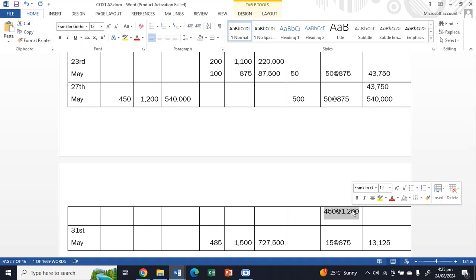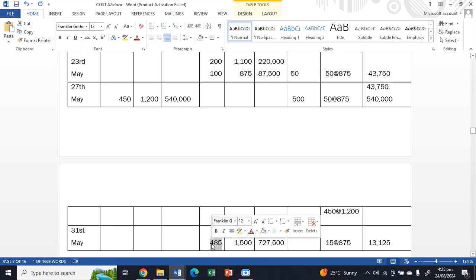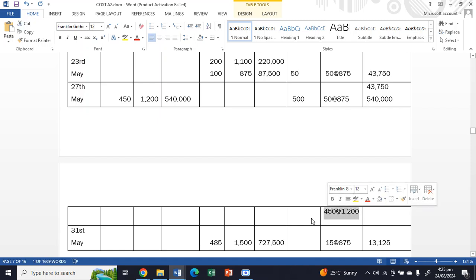Then 31st May, we sold 485 of these. So we're going to remove, the first that will be sold will be from these 450 at 1,200.